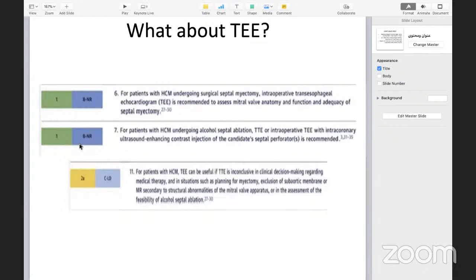So if you are suspecting something abnormal in the mitral valve, and maybe it's not only SAM but also some other disease like excessive tissue, it helps to plan your approach and your plan for the surgery.